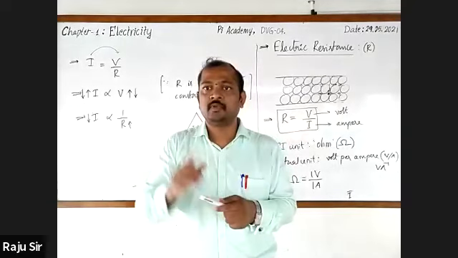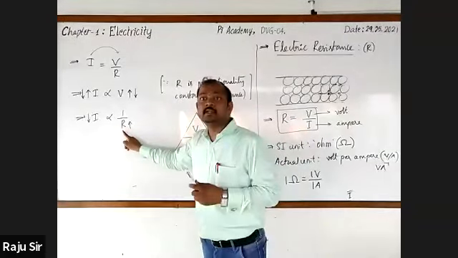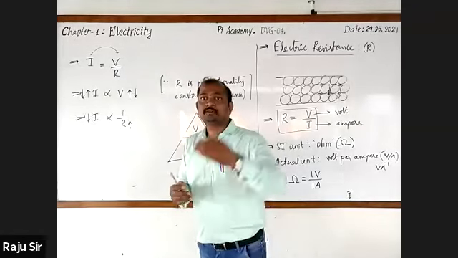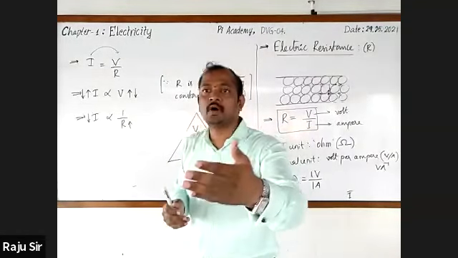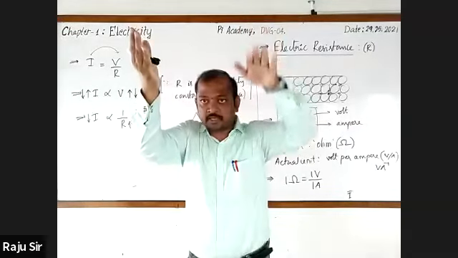It will decrease. Once again, as electric resistance increases, which means there is more opposition to the flow of electrons, the electric current decreases. Clear?